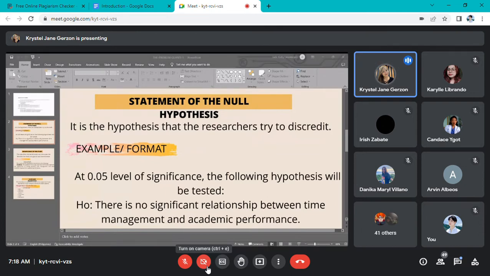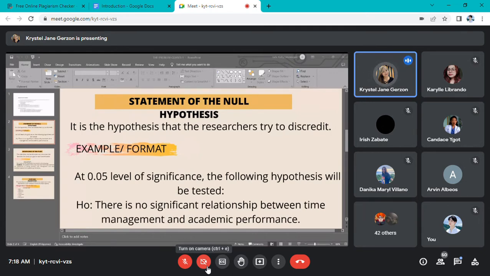So, if we are to recall, what is a hypothesis? A hypothesis is an educated guess. When you conducted your research, or even when you started conceptualizing your research, you already had an assumption that there is a correlation between the two variables, or that there's a difference between male and female, or that this variable affects the other variable.